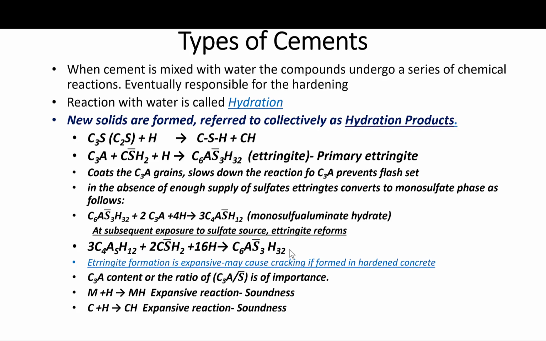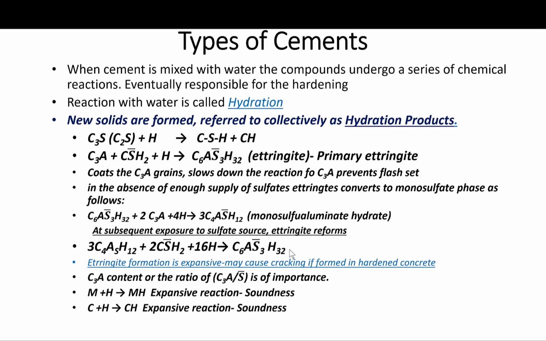Ettringite formed after concrete has hardened could cause expansion and cracking. But remember one thing for later lectures. This expansive property of ettringite, although harmful in this case, is the basis for the action of the expansive cement, which is a type of cement we will talk about in later lectures.